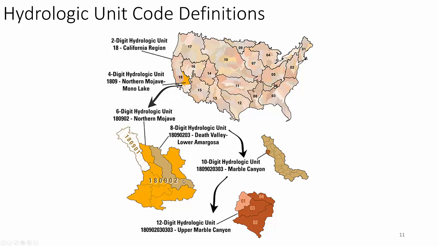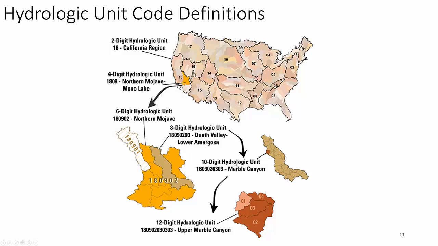And then within that 180902, we can have a sub-area, 18090203, Death Valley, Lower Amargosa, this sub-basin. That sub-basin is the 8-digit code, which we would call the subbasin.